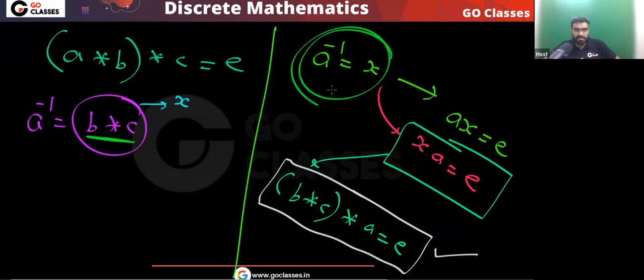If A inverse is X, then XA will be equal to E by the definition of inverse.